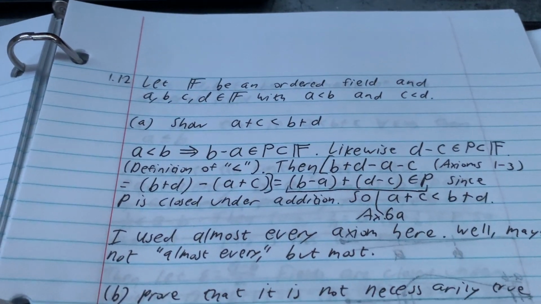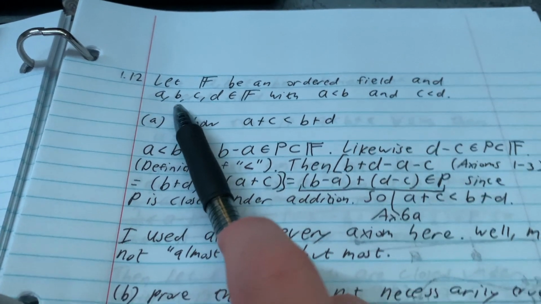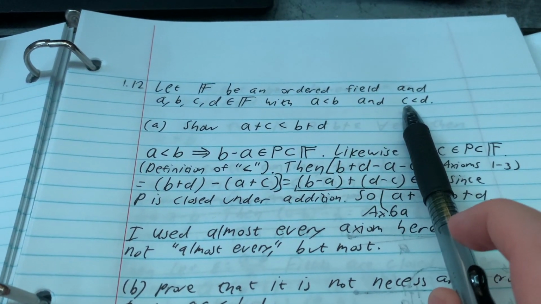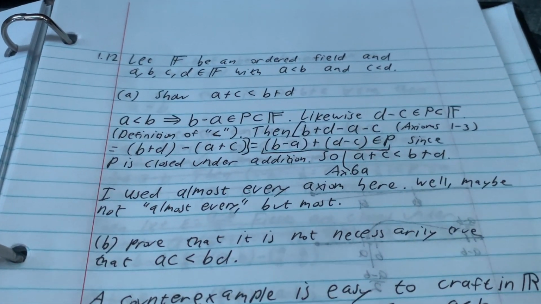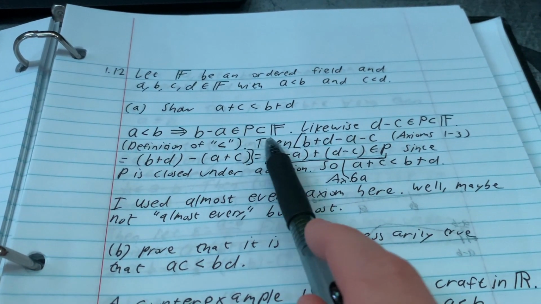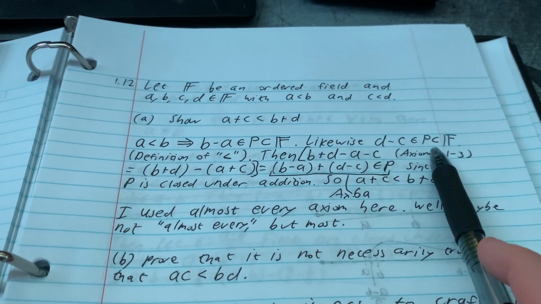1.12. Let F be an ordered field. A, B, C, and D are in the field with A less than B and C less than D. Show that A plus C is less than B plus D. Okay. A less than B means that B minus A is in the positive elements of the field. Likewise for D minus C, that's in the positive elements of the field.